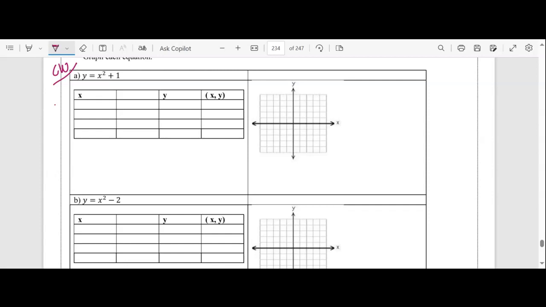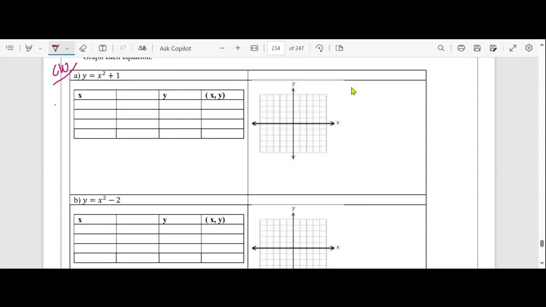What's the first thing you have to do? You're going to find the points for x, and then you're going to try solving it by replacing it in the equation for y.